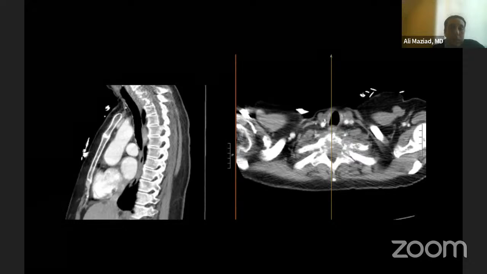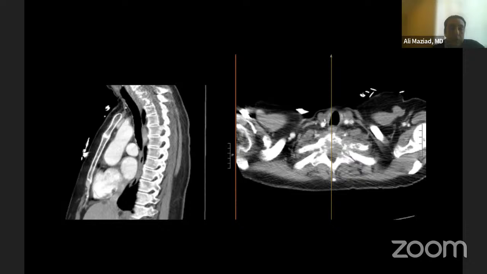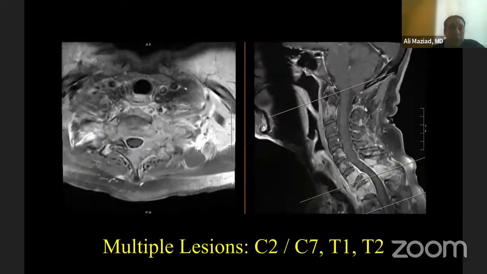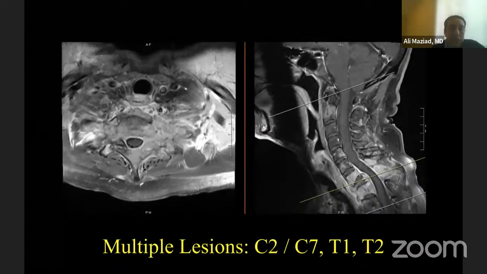And she has a little bit of a numbering error if you count from above versus from the lumbar spine. Next slide, please. You can see the multiple lesions involving C2, C7, T1, and T2. And if you actually count from the lower spine, it would involve T3, T2, and C6 even.